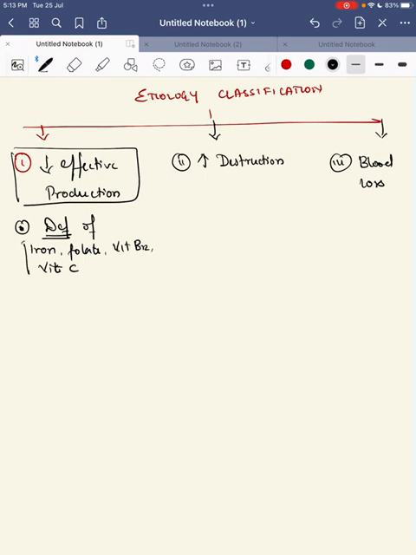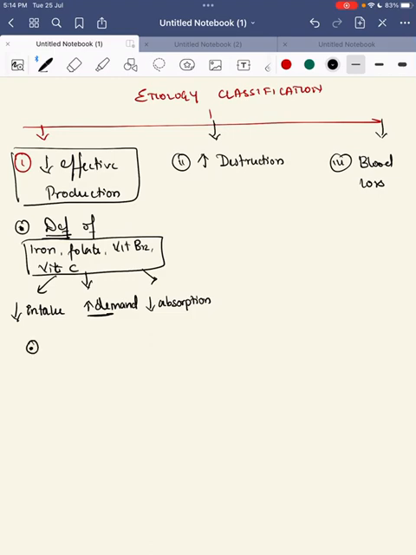This deficiency can occur in 3 ways: when there is a reduced intake, or when there is an increase in the demand. An increase in demand is during pregnancy, or when the child is growing, that is in the adolescent age group. And when there is a reduced absorption. So these are the reasons that can lead to deficiency of these things.